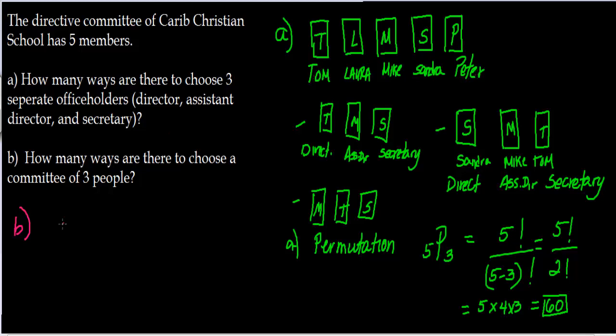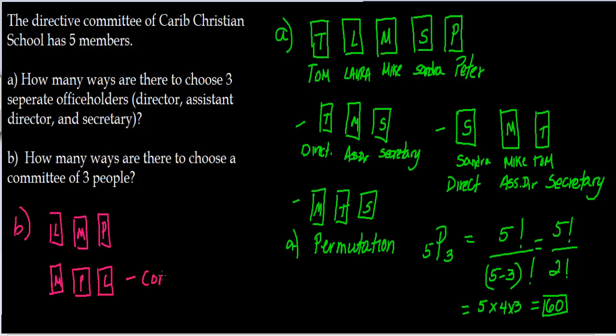So let's say I choose Laura, and I choose Mike, and I chose Peter. And I form a committee with these 3 people. And then when I go back to choose another committee of 3 people, I come up with Mike, Peter, and Laura.